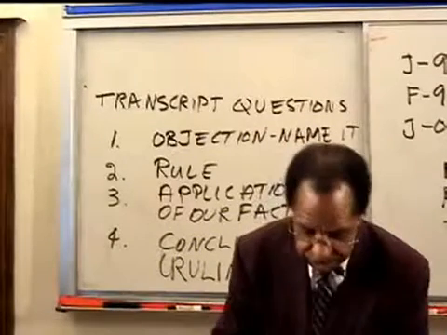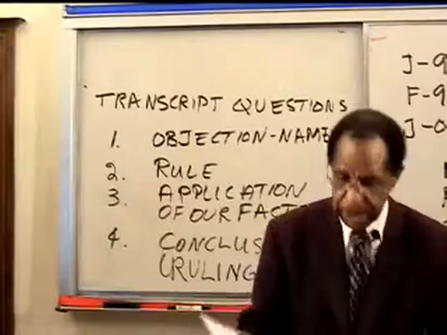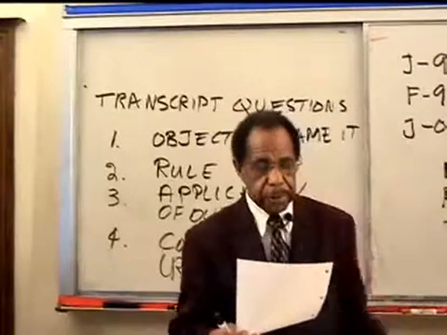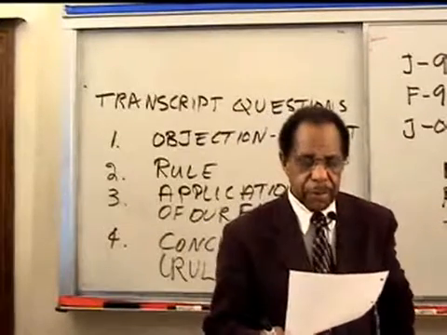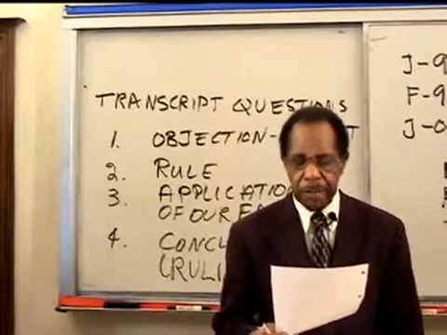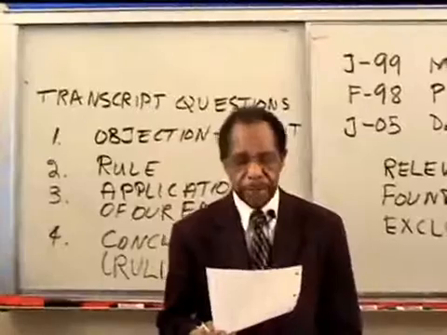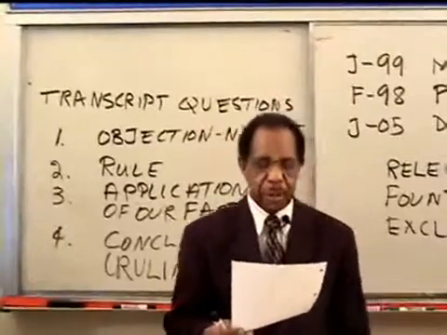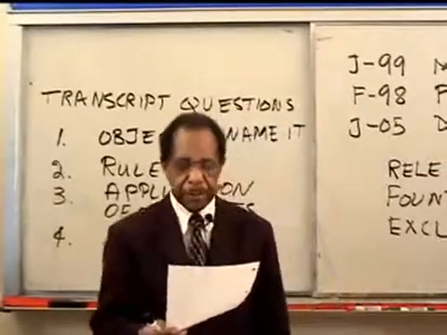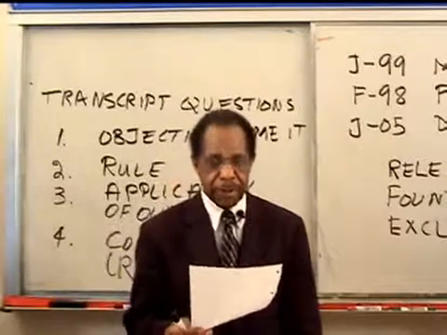February 98 question. Says, Don is being prosecuted criminally for committing an armed assault against Victor. The evidentiary issues presented in his jury trial are based upon the following chronology of events.